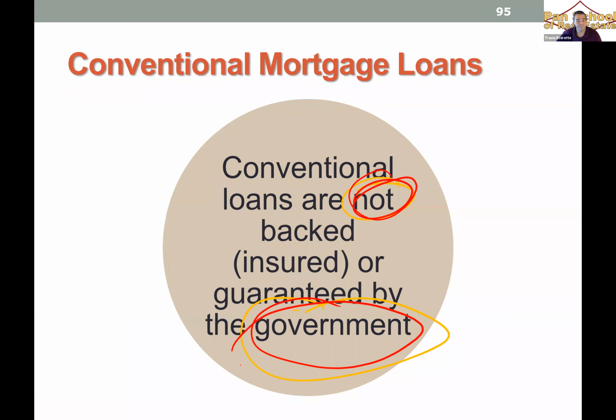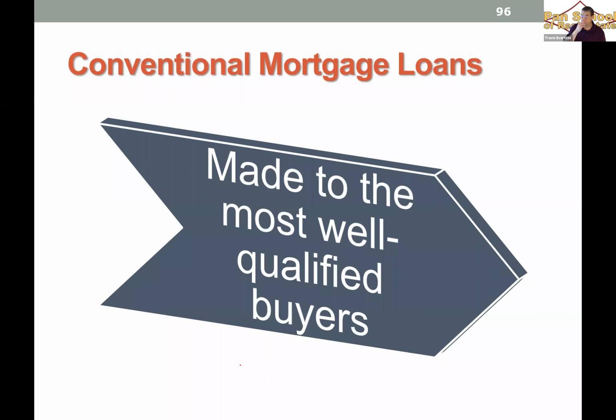Government-backed loans. So you have conventional loans, and then the opposite of conventional loans are government-backed loans. So your loan is one or the other based on simply, is the federal government in any way involved with your loan? The conventional loans are the ones that the government is not involved in.